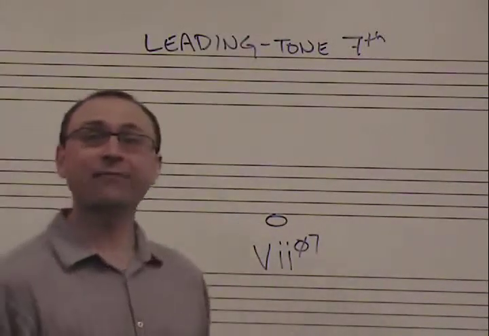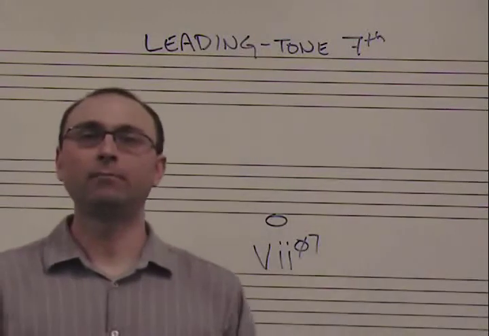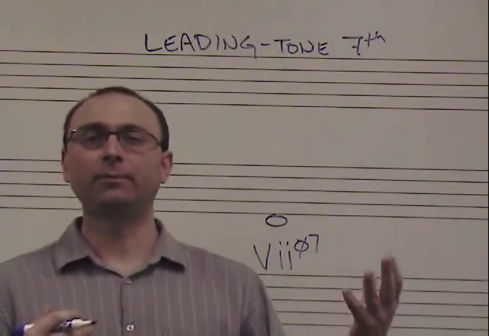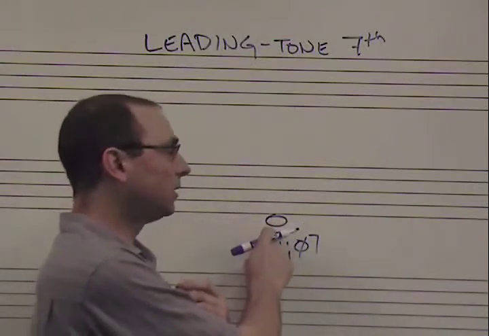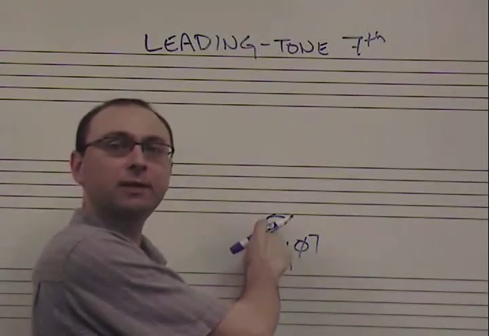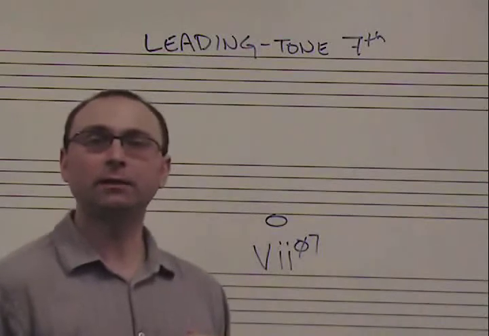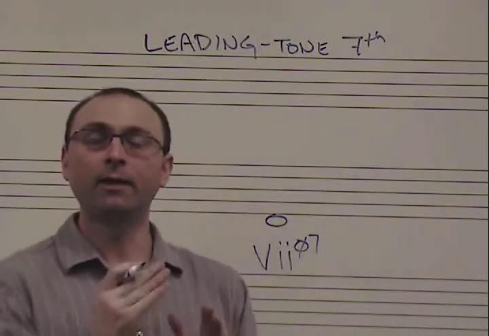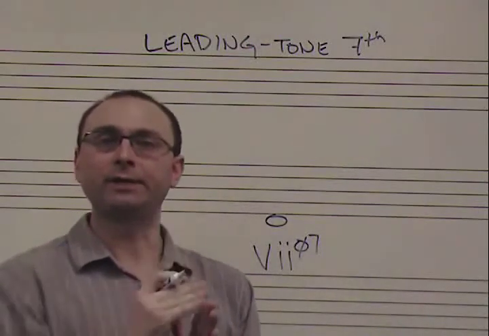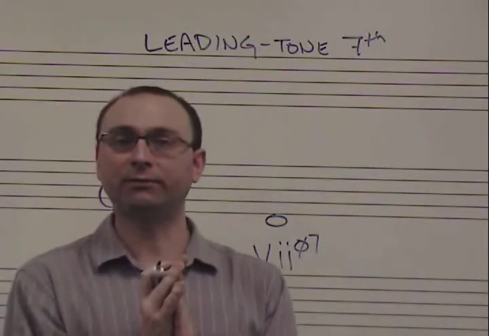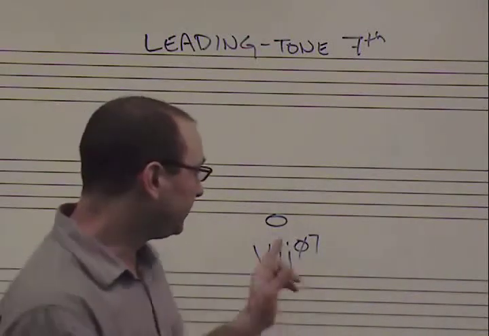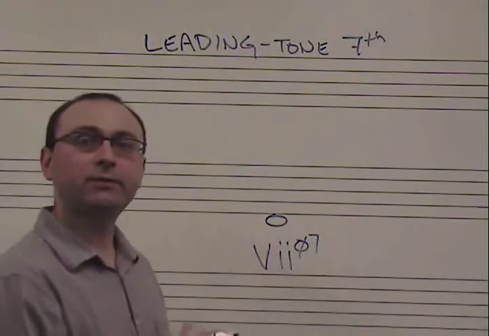Now we know that half diminished seventh chords belong to major keys. So the question becomes, if this is the leading tone of a major key, what key is it? If we look a diatonic semitone above D, we find the pitch E flat. D is the leading tone in the key of E flat.